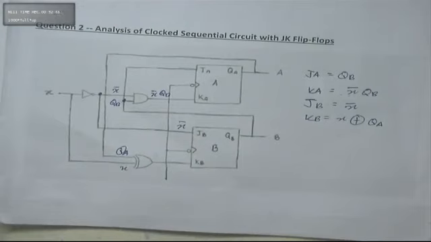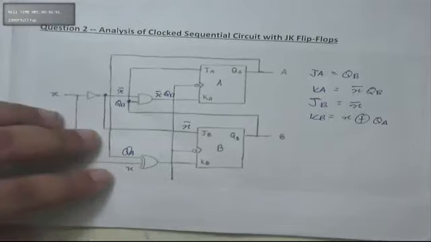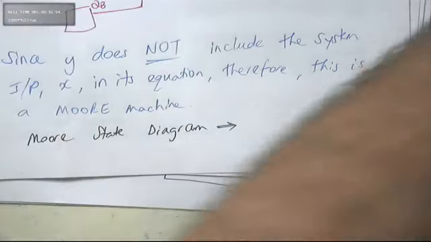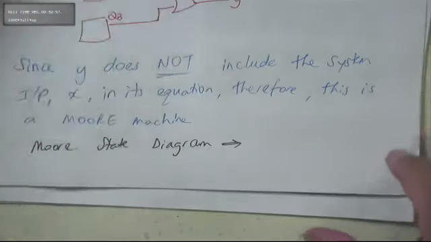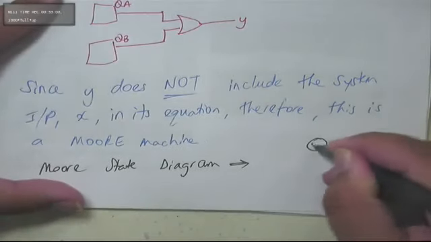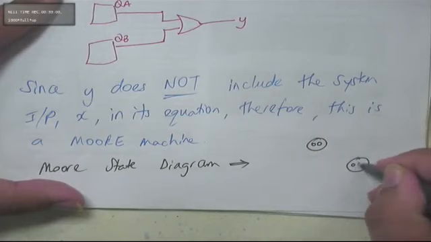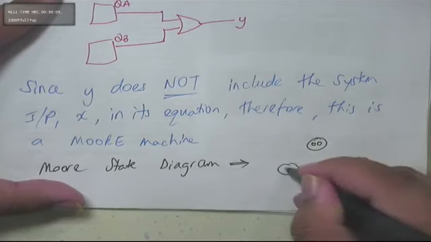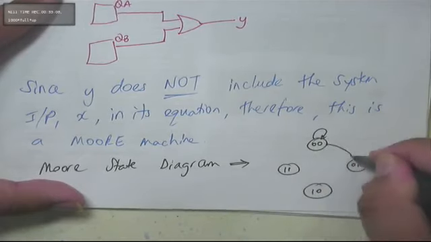So let me just draw a quick one. I don't know if it's the same answer or not, but a Moore state diagram would look just like a normal state diagram which we've been doing. Right? So 00, 01, 10, 11, normal state diagram.